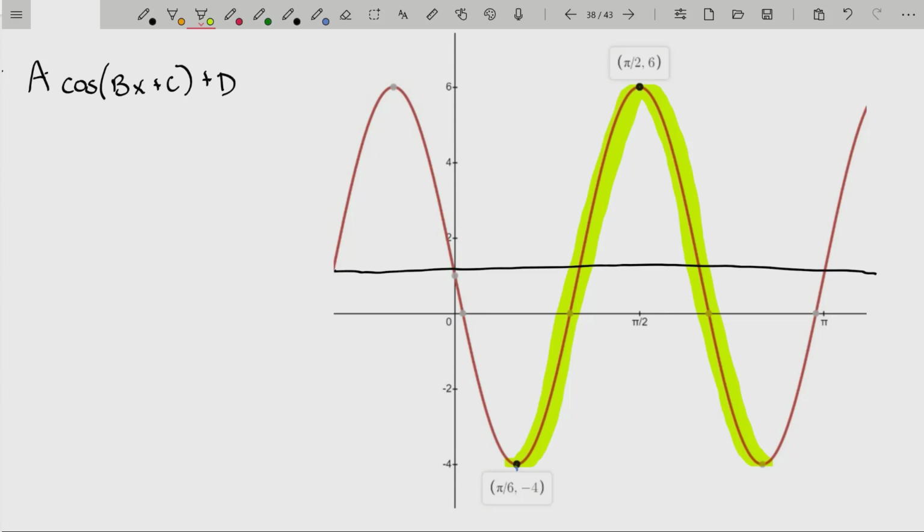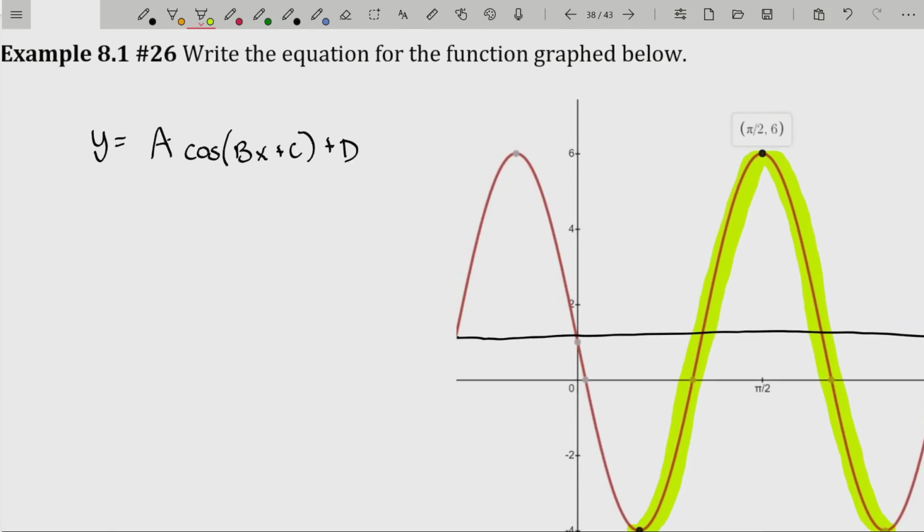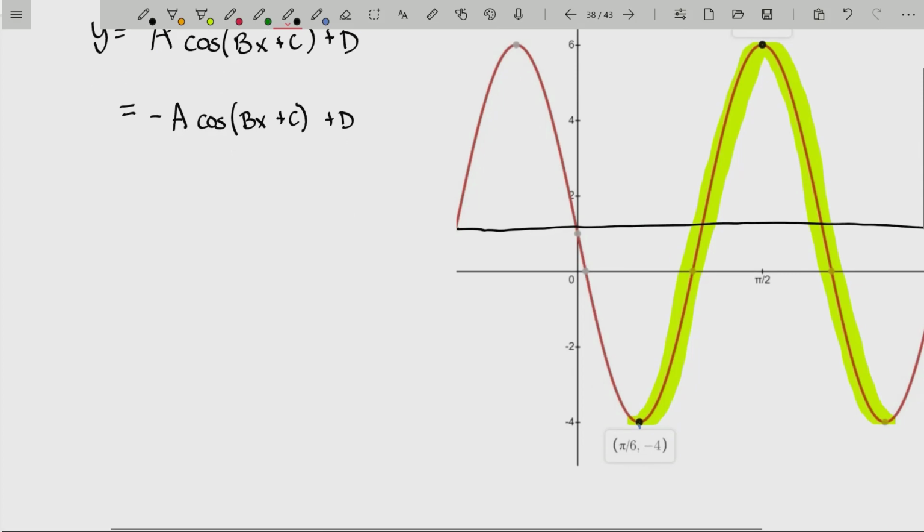The second thing to note is that it's upside down. So I'm going to write that this equals a negative amplitude cosine of bx plus c plus d.